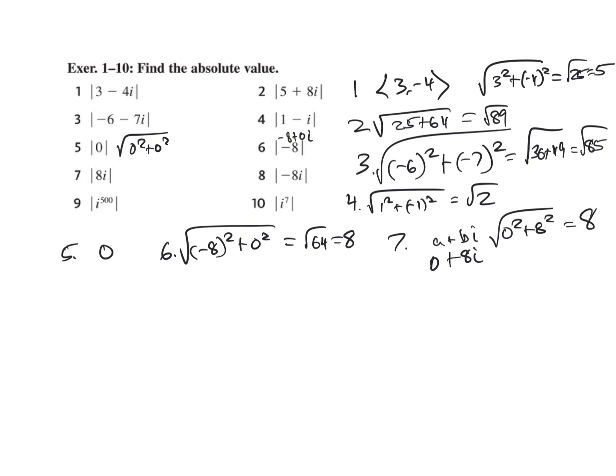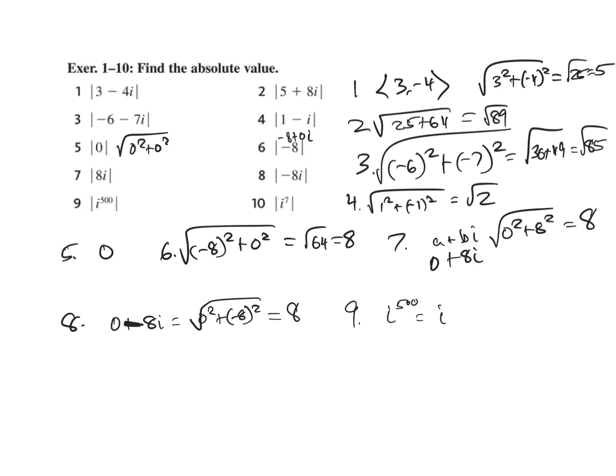Again, that's going to be 8. All right, and number 8, you get negative 8i, so 0 plus, or excuse me, minus 8i. Same type of thing. That's going to be 0 squared plus negative 8 squared, which makes it positive, so it's still 8.